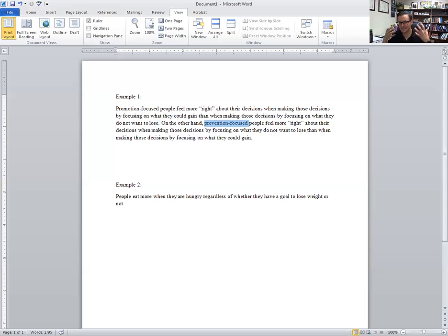And because that seems like a more stable quality to me, I'm going to use these lines to signify promotion versus prevention. So we'll use the solid line for promotion focus, and we'll use the dashed line for prevention focus.